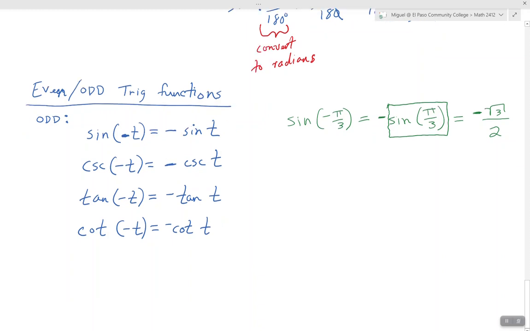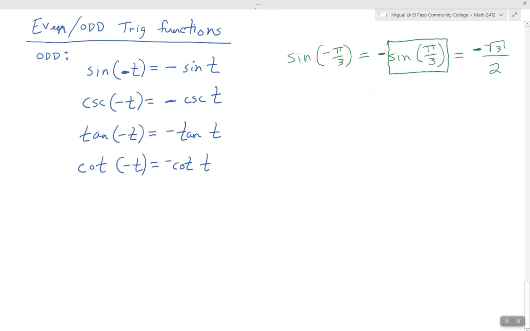Now, the one missing is cosine and its reciprocal. So cosine is even. Cosine of a negative angle is equal to just cosine of the positive angle.